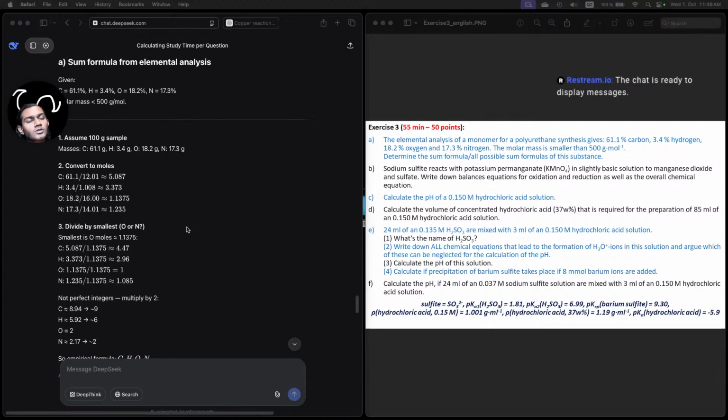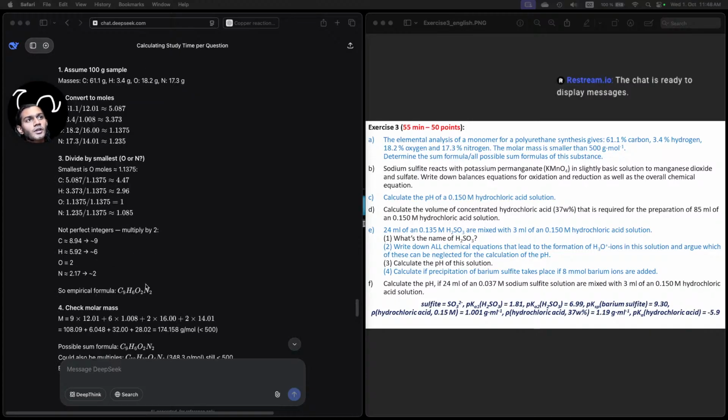Now the smallest. Not perfect integers, converted to integers. We get the empirical formula.